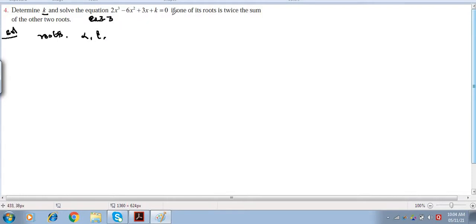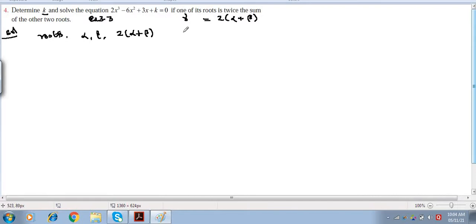We take gamma as the root that is twice the sum of the other 2 roots, alpha and beta. So according to the given, gamma is 2 into alpha plus beta.